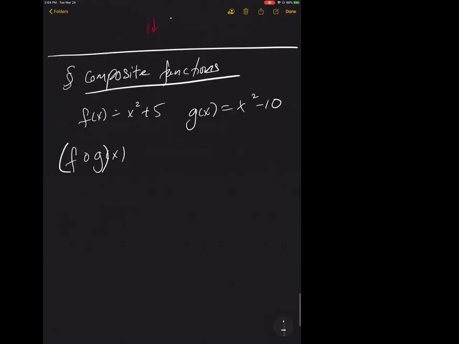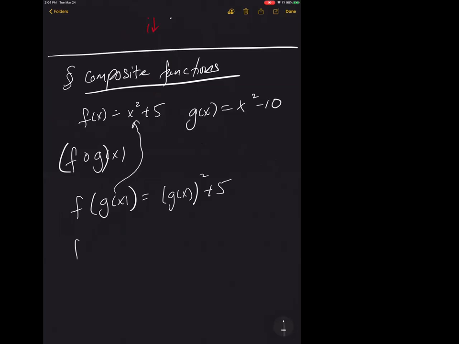This means f, and you want to plug g into f of x. g becomes the value that you are plugging into the function. So that means that I will have g of x squared plus 5, because g is going into the f function.